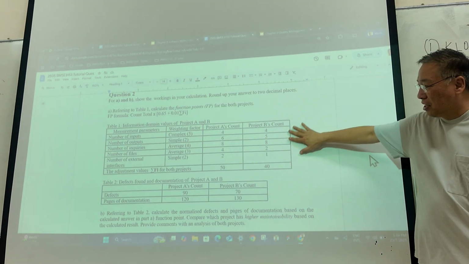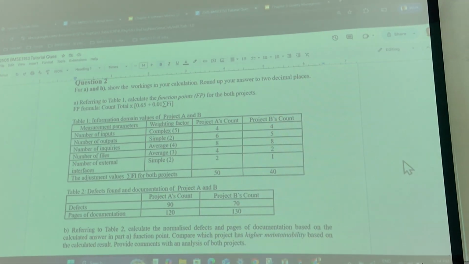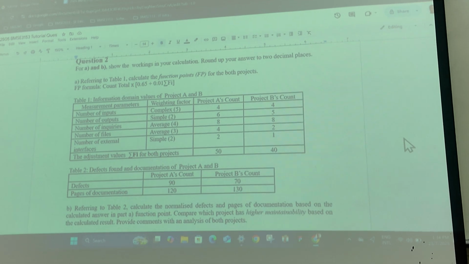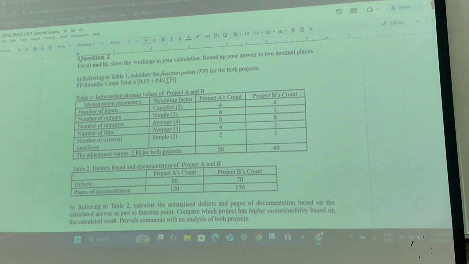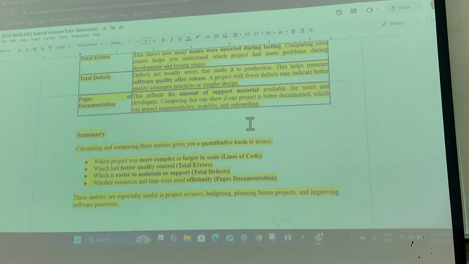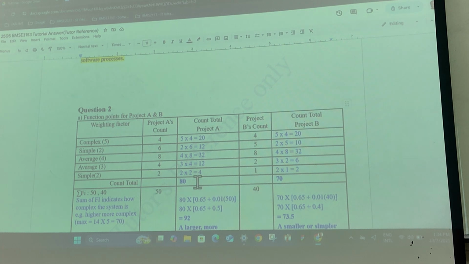So let's do the calculation here first before we go to the next part. Let me show you the answer, then hopefully it'll make more sense.